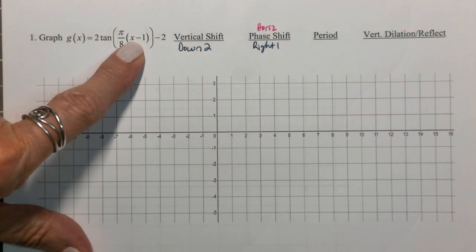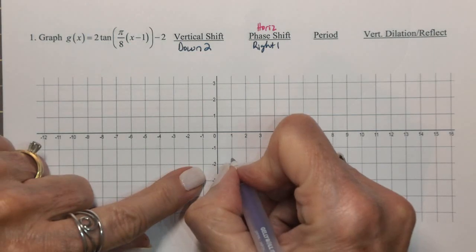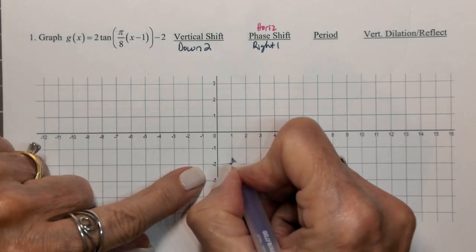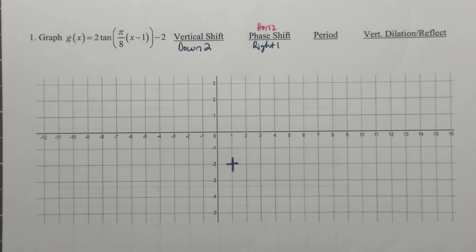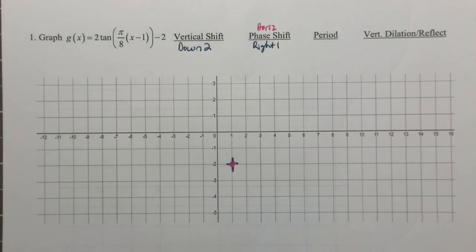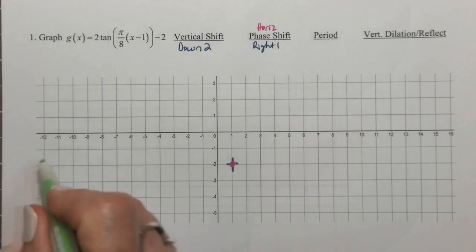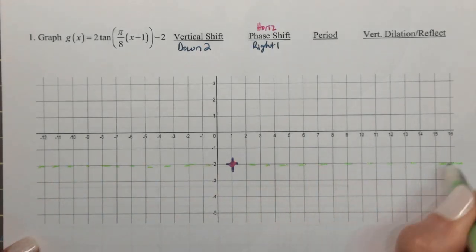So I use that to get my new origin: down 2, right 1, new origin. That's really important for tangent because tangent goes through the origin, right? So we're going through that point. I'm going to go ahead and draw my new center line, just like we did yesterday with sine and cosine.